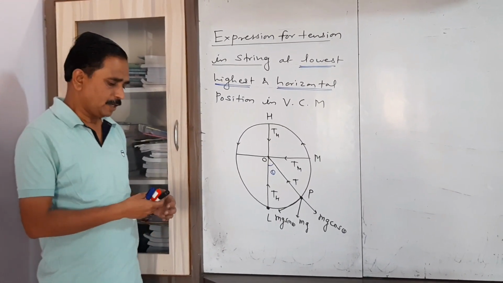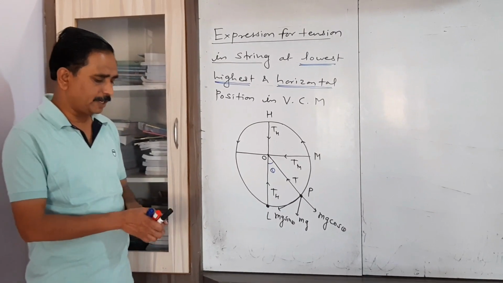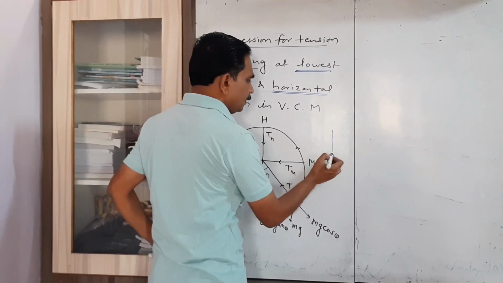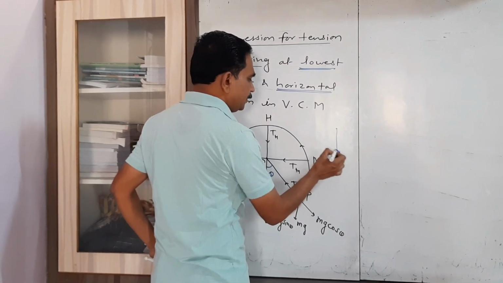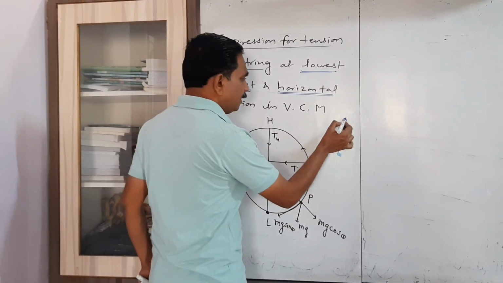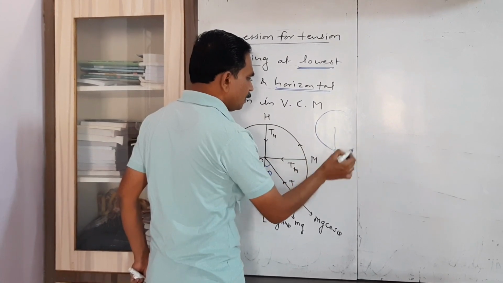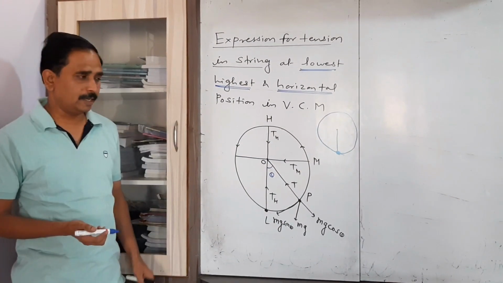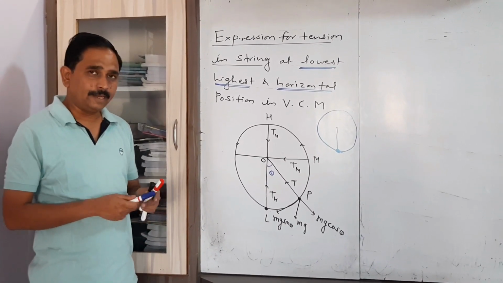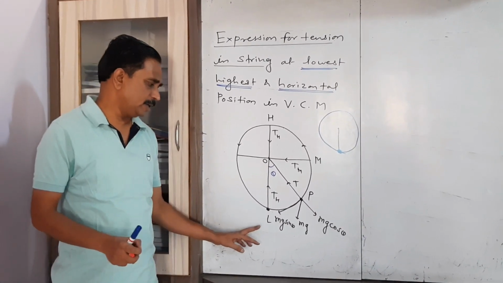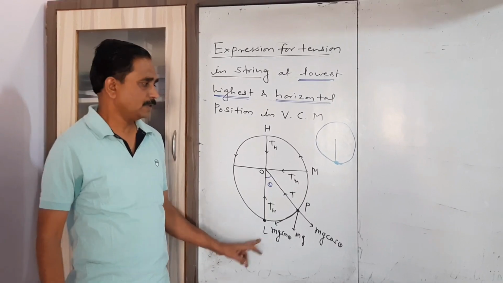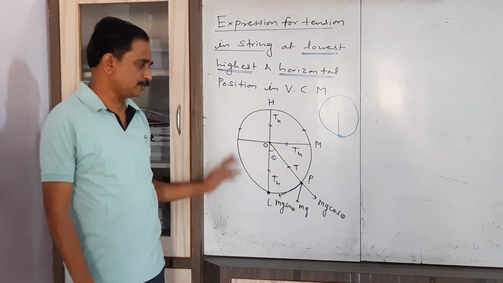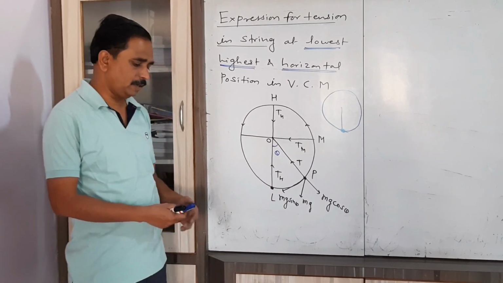So for that, you have to consider one object which is tied with the help of a string. Suppose this is the object tied with the string, and when it is whirled or revolved in a vertical circle, then you have to consider the various positions in vertical circular motion.